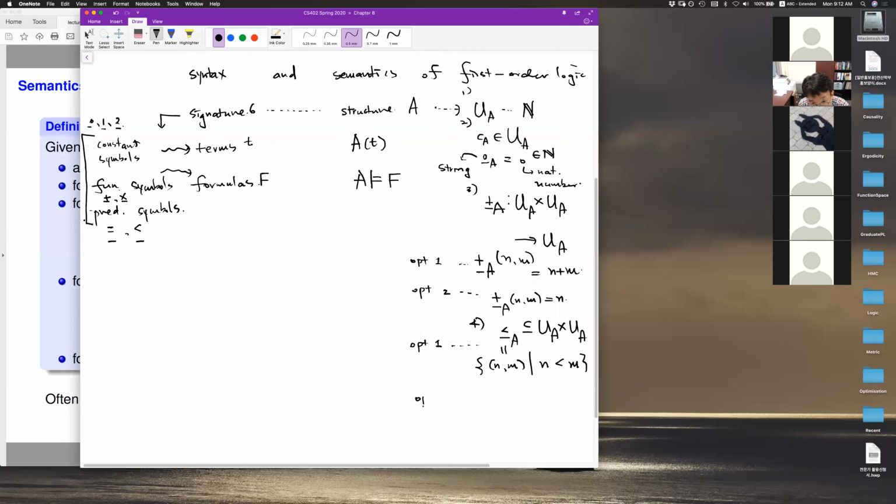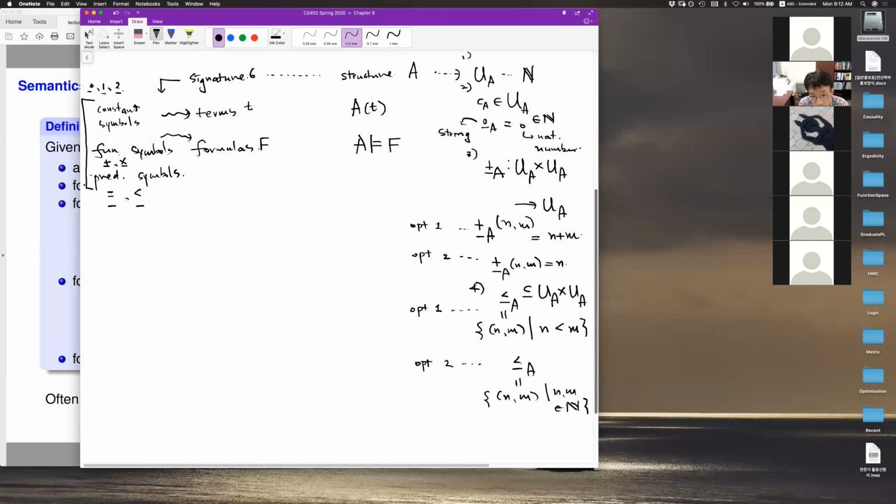But we can take many different options. In this second option, anything is related by this predicate, so n and m can be any natural numbers. That is a very non-standard notion of less than.